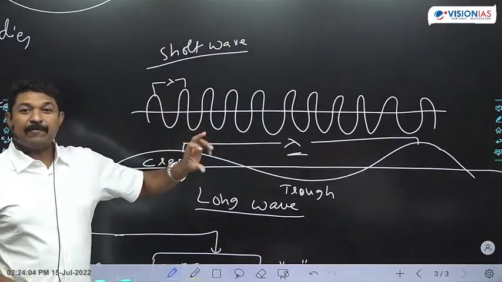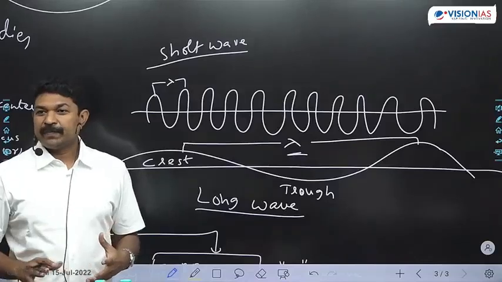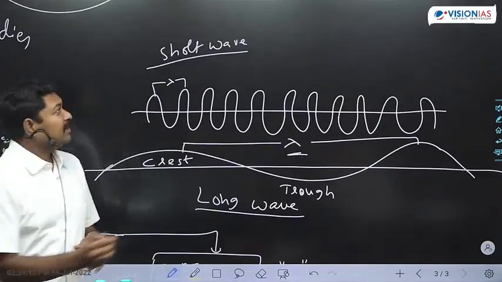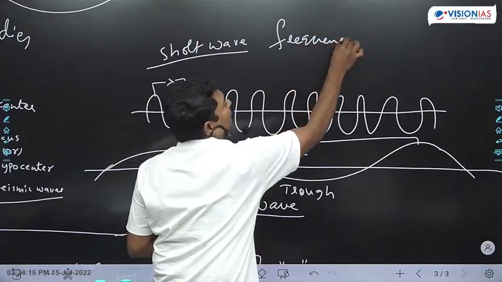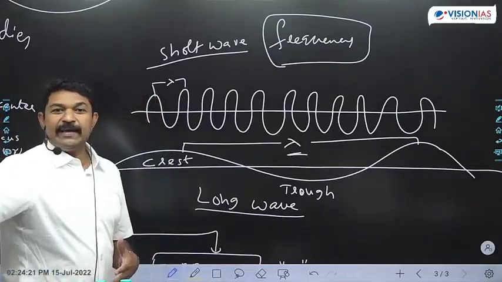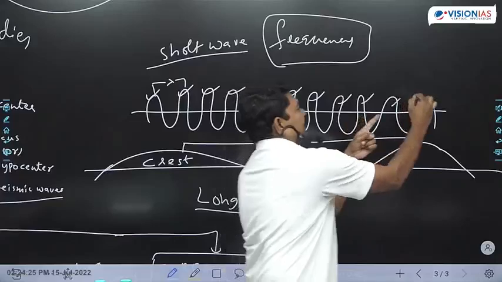What is the difference between the short wave and the long wave? Whenever the wave has lesser wavelength, then its frequency is very high. What do you mean by frequency? Nothing but repetition. Like 1, 2, 3, 4, 5, 6, 7, 8, 9, 10, 11.